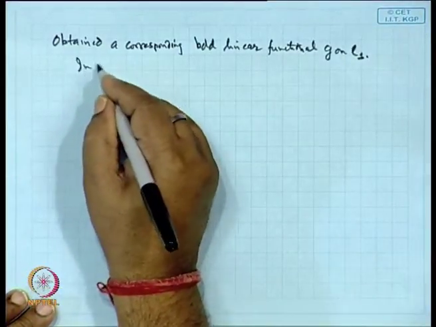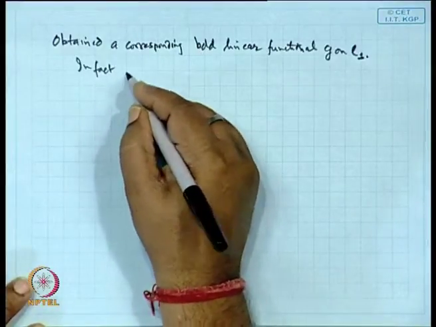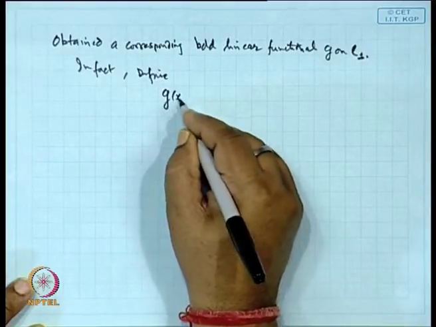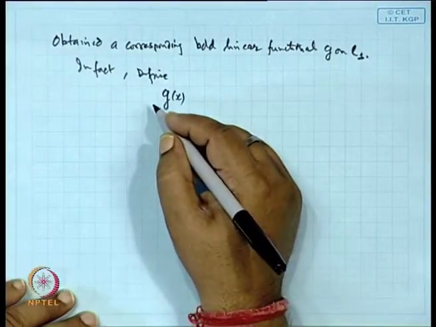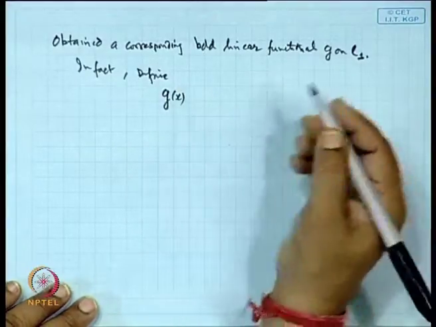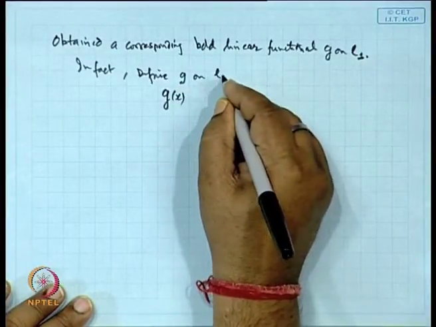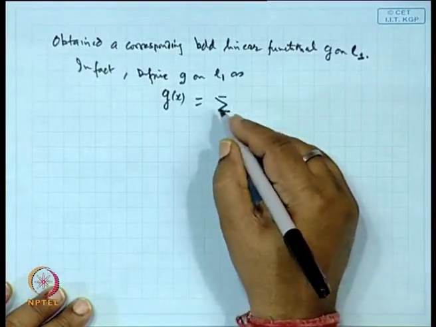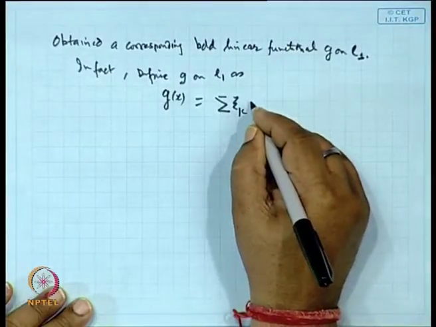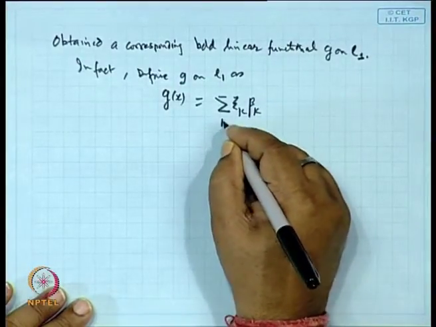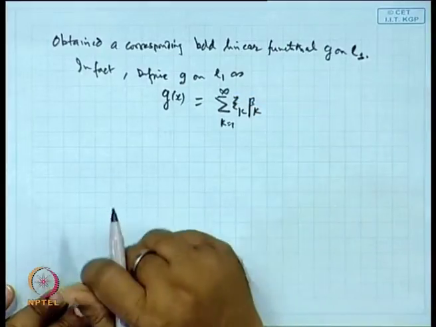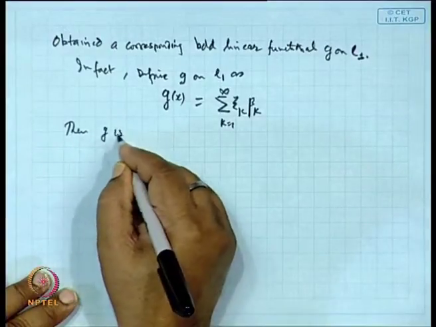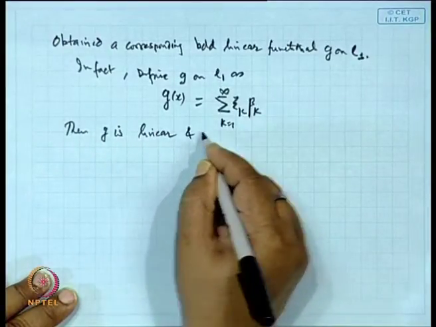In fact, we define G on L1 as G of x equal to sigma xi k beta k, k is 1 to infinity. Then this G is linear and bounded.